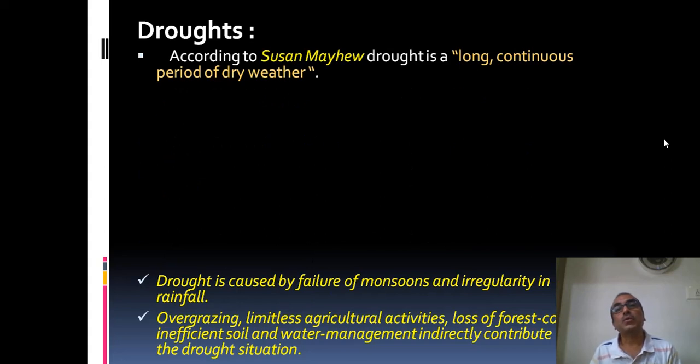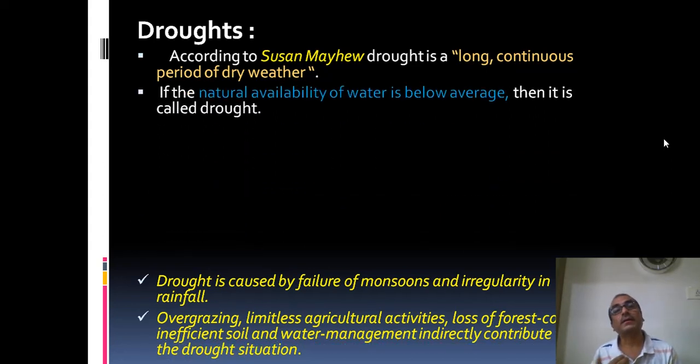According to Susan Mayhew, a scholar, it is a long continuous period of dry weather that is taken as a drought, and drought can also be defined as the natural availability of water when it is below the average.